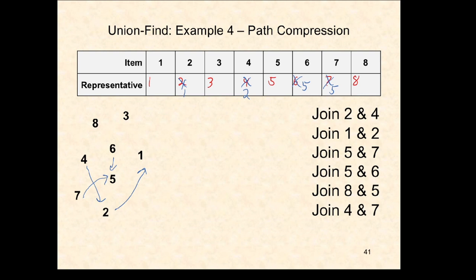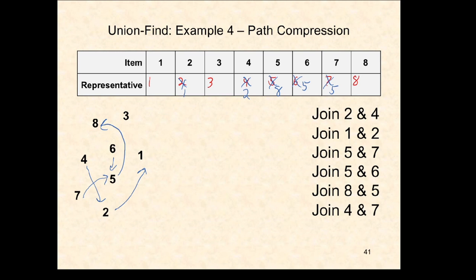Okay. So then we say 8 and 5. Can 8 and 5 join? Yes. So 8 says 8, 5 says 5. 5 changes its representative to be 8. The second one always changes. And now if I ask, can 4 and 7 be joined?